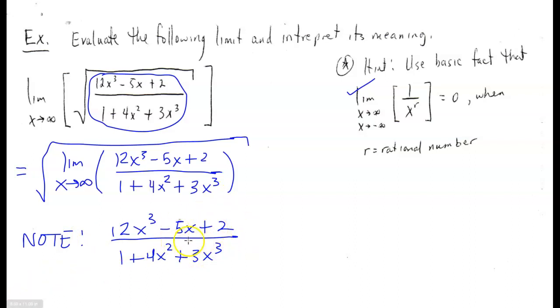So what we want to do with this function here is rewrite it in such a way that each one of these terms will actually look like some number divided by x raised to a number. Now, the best way that we could probably do that is to take this particular function and multiply it by 1, but we're going to make 1 look like 1 over x cubed divided by 1 over x cubed.